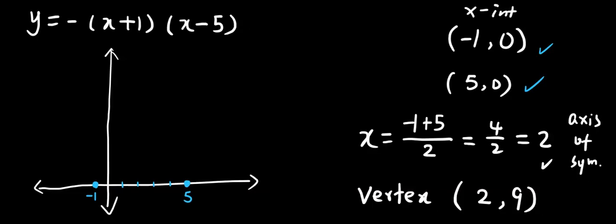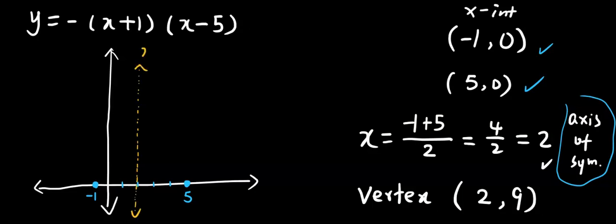Now we're going to graph the axis of symmetry, x equals 2. 2 is here. That's x equals 2. Remember, it's folding. Being symmetric means we can fold it in half, fold along the axis of symmetry.